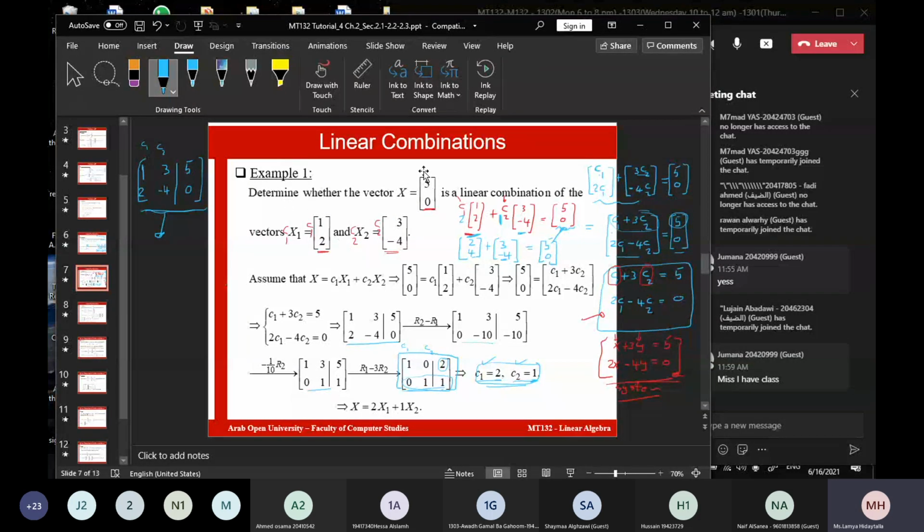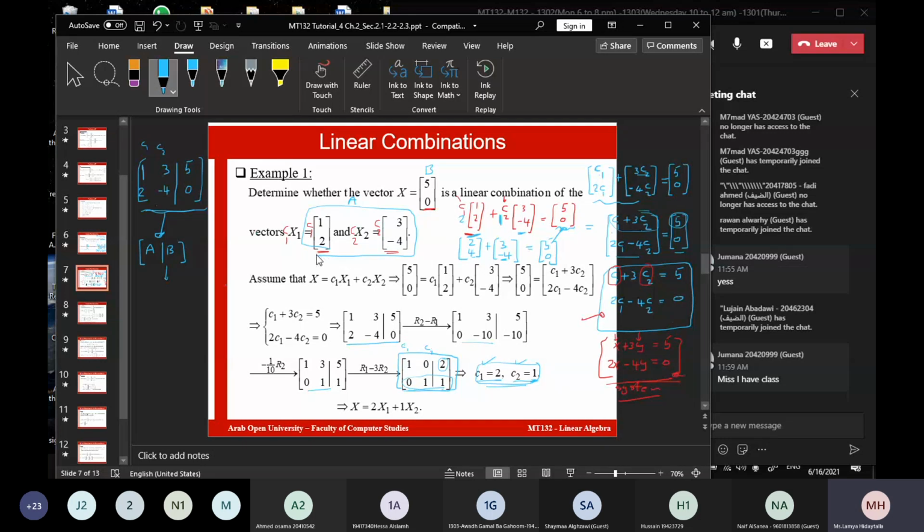Look, if you want to write this as a combination of this, just find the augmented matrix where this one is going to be the part A and this is B. In an augmented matrix, we put the coefficient matrix here and the vector B here like that, and then we reduce to the echelon form.